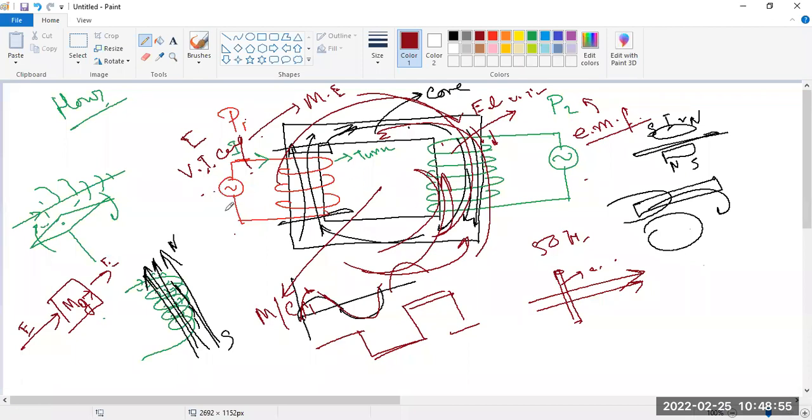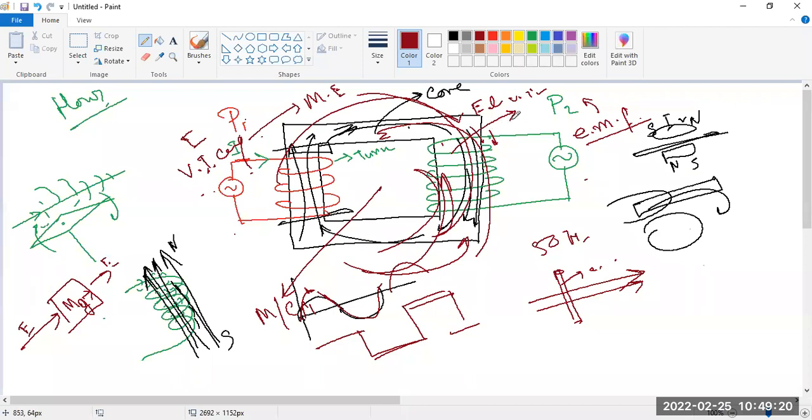First, whenever we apply some voltage, current, and cos phi, this is the power. Then current flows through this coil, and it will give some magnetic flux. This magnetic flux starts the linkage, and the secondary coil will have a flux linkage.